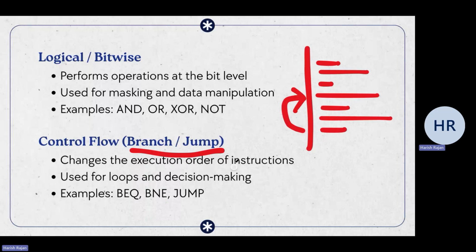So control flow changes the execution order of instructions. Given I have these instructions, I can jump from this instruction to that instruction based on certain conditions. Those conditions are usually based on flag values. Flags are registers that get triggered when a certain condition is met or certain things happen. Depending on the value of the flag, these branch and jump statements will take you back to a line of the code.